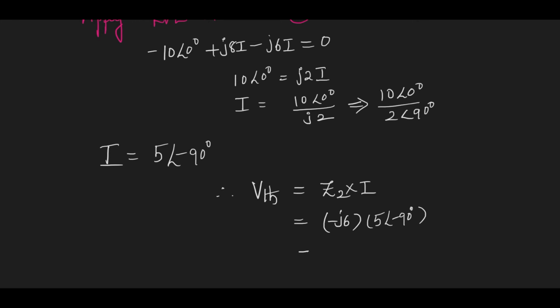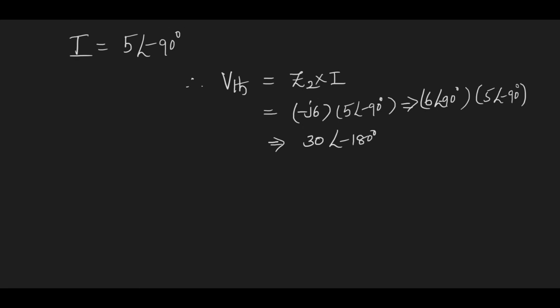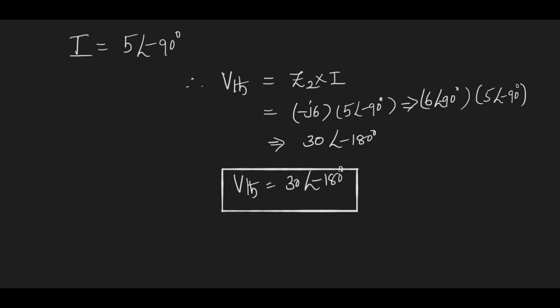We convert that to polar form, that is 6 at an angle minus 90 into 5 at an angle minus 90. After multiplying those values, we get our VTH as 30 at an angle minus 180. So this will be the VTH.